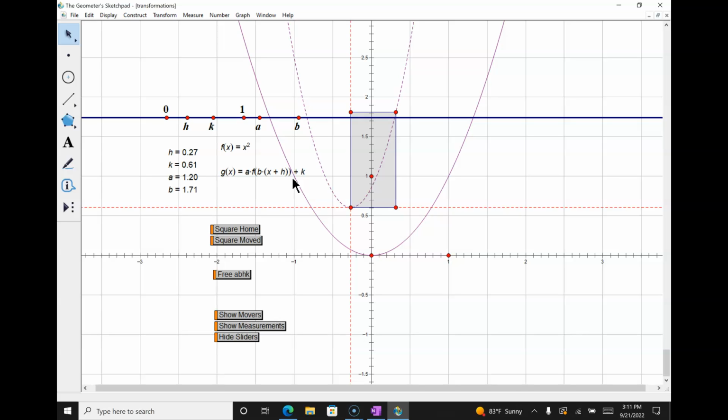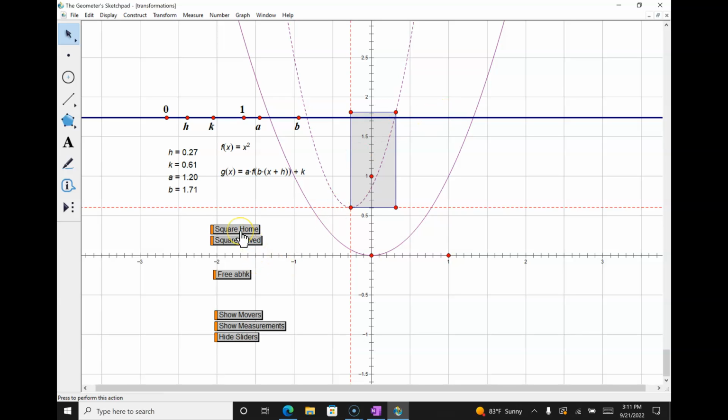So this thing is kind of my ultimate transformation tool here. This is a program called Sketchpad. It's not free, but I'm asking you to maybe play around with this on Desmos and create a free one.